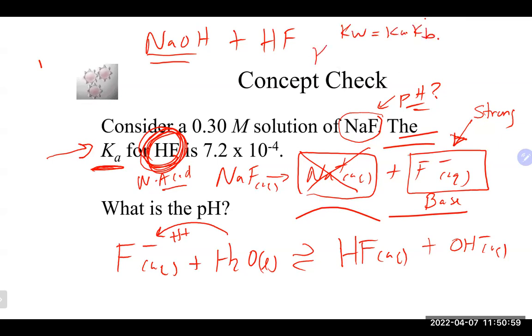We can now turn this into a Kb by dividing 1 times 10 to the minus 14 by our Ka value, which is 7.2 times 10 to the minus 4. And if we do that, it looks like 1.4 times 10 to the minus 11.